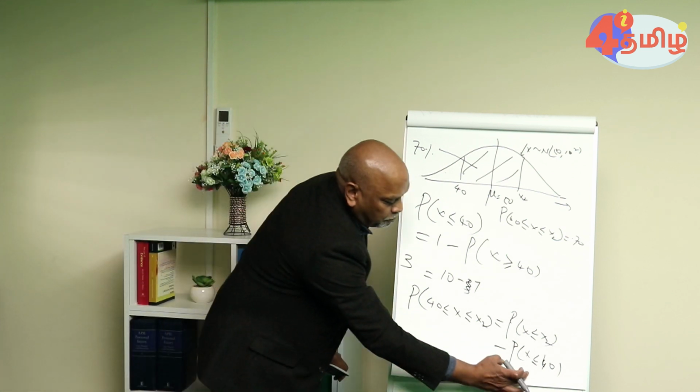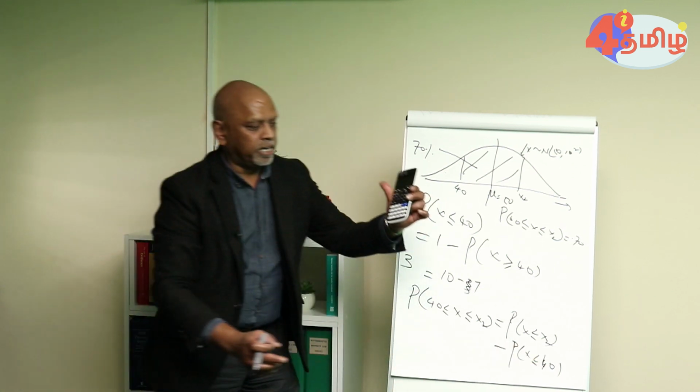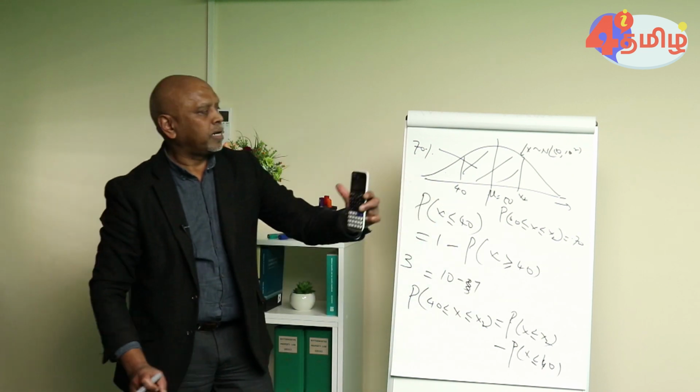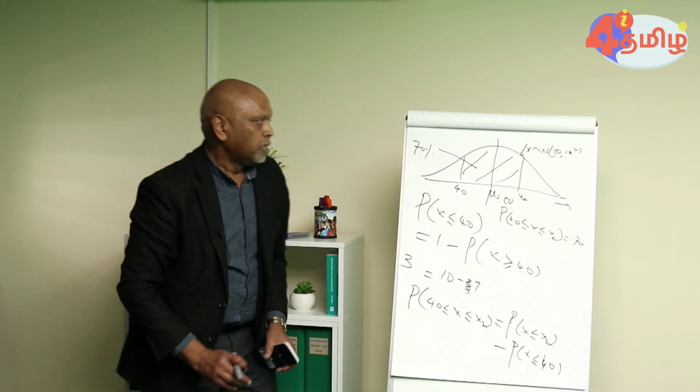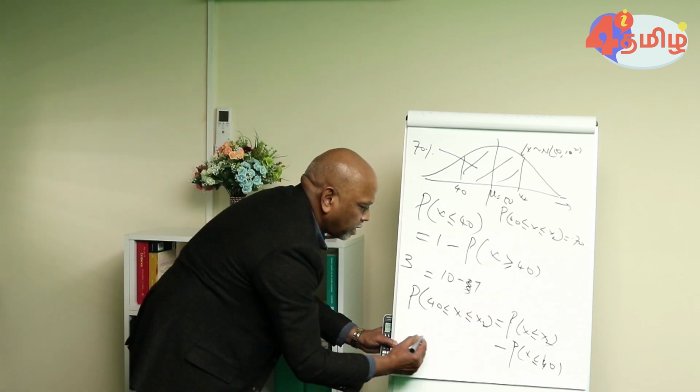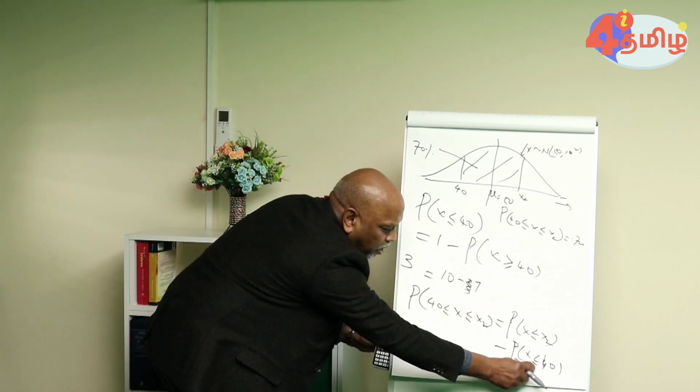This one is very easy to do with the calculator because we know it's 40, so we can find that. But x2 is what we have to find. Before I do that, let me find out what this is.